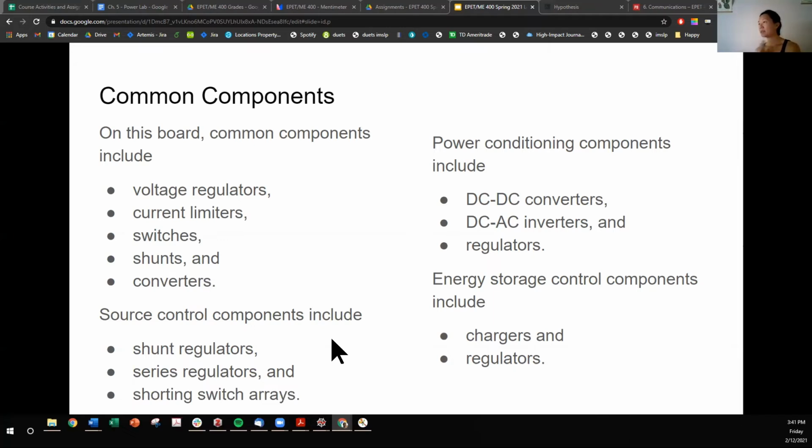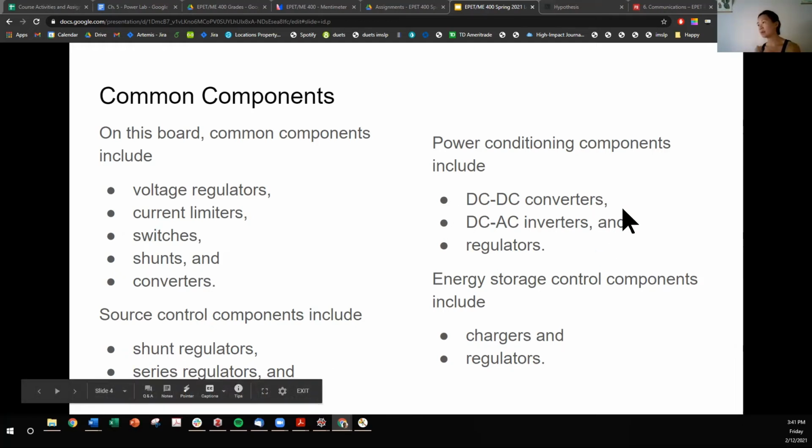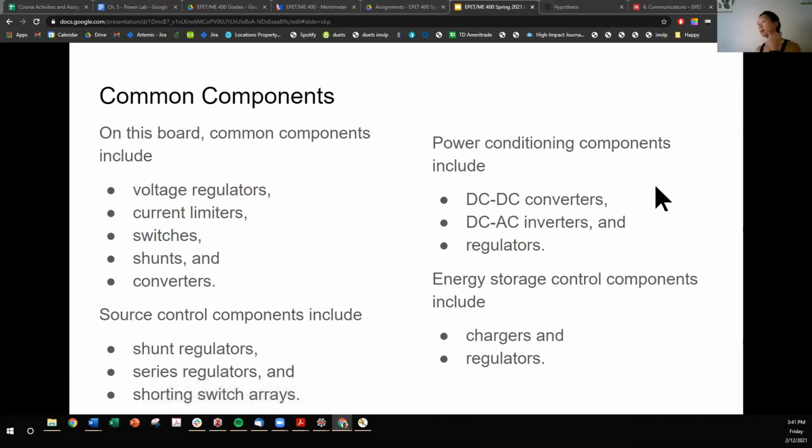Okay, power conditioning. So if you want your power to be in a different form, whether that be voltage or current or frequency, here we've got these different types of converters. You can toggle between some higher DC level to a lower DC level or vice versa.